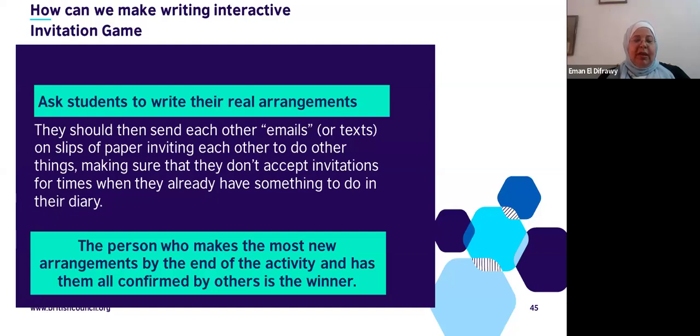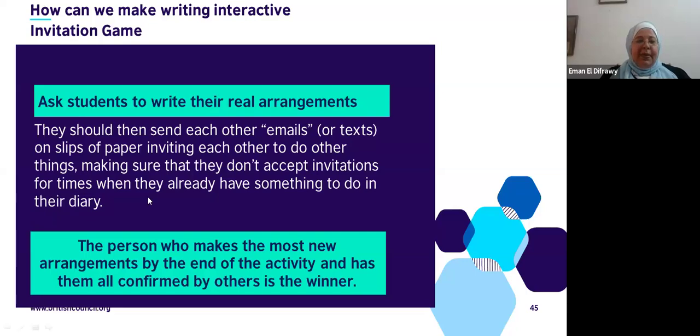If they don't want to use emails, they can use Padlet, for example, and write about the real arrangement. If it's a face-to-face class, they can write on a piece of paper, inviting others to do things with them. Making sure, of course, that they don't accept invitations for times when they already have something to do. The person who makes the most new arrangements by the end of the activity and has confirmed all the arrangements is the winner.